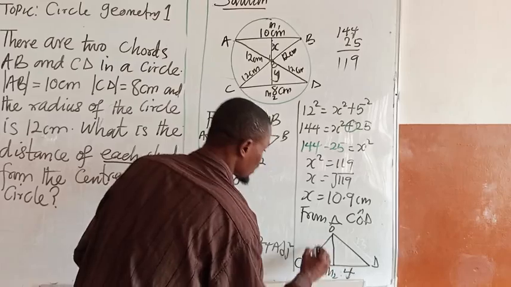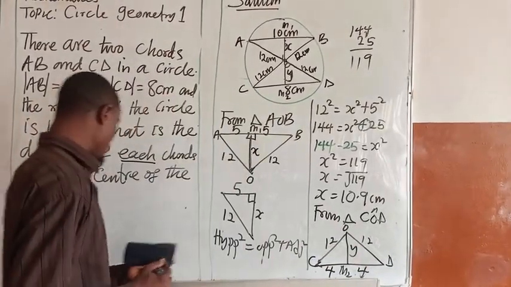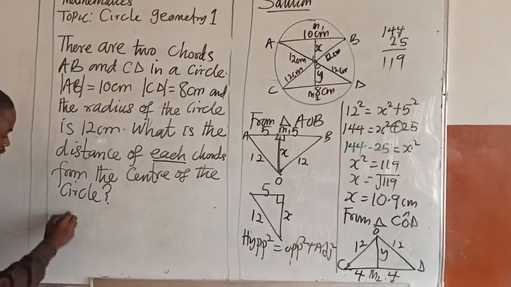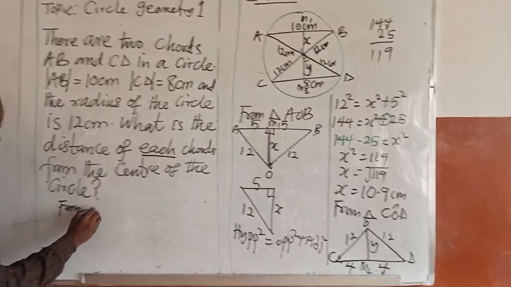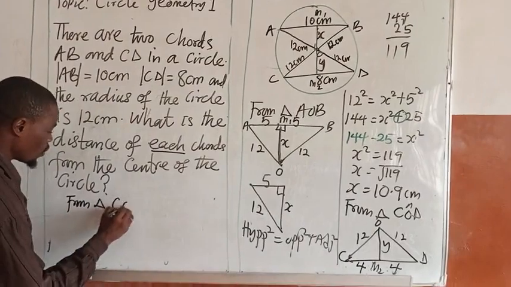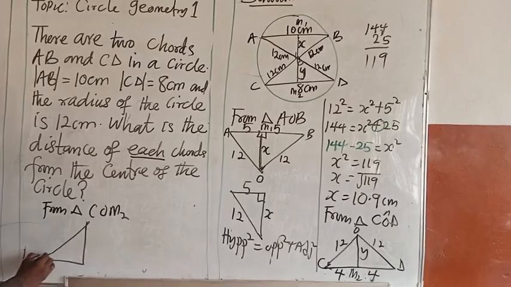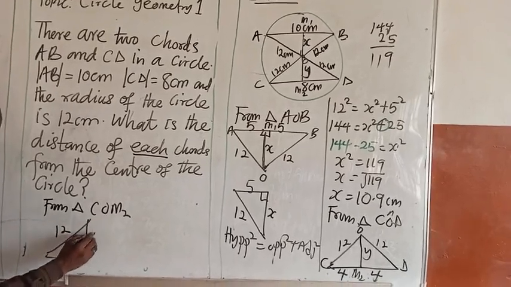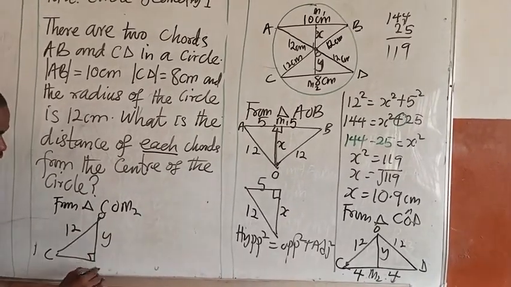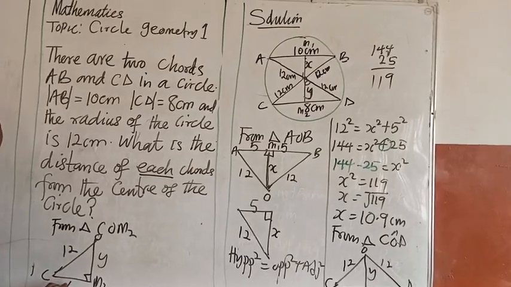Here is also 4, here is 12, here is also 12, here is Y. We cannot find Y directly, so how can we find Y? Let's draw triangle COM2. We have something like this. Here is 12, here is Y, here is C, here is O, then here is M2, and here is 4.